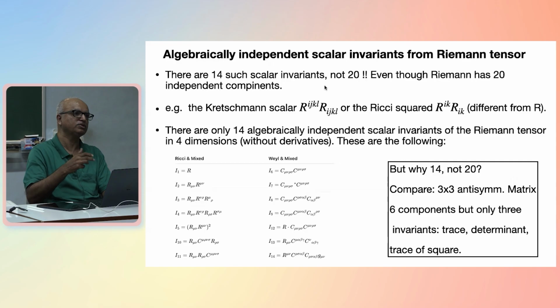So we want to make scalars, which are coordinate independent invariant scalars. For example, this is the Riemann scalar, R ijkl upper, R ijkl lower, or the Ricci squared, R ik. Ricci squared is different from the Ricci scalar. Do you understand? Ricci scalar is R ik g ik.